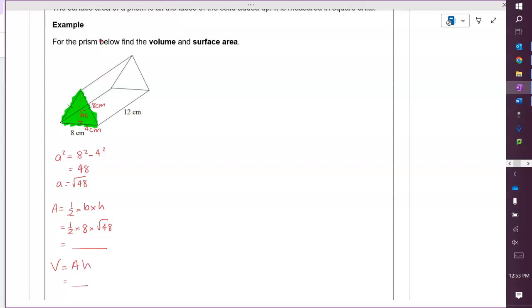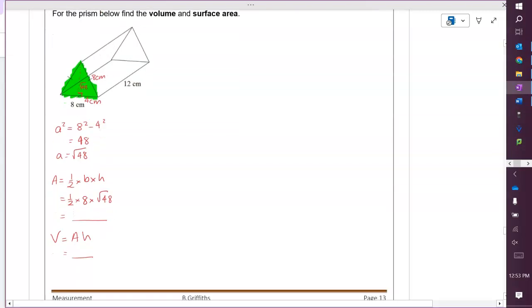So if I put in that measurement or leave it in, and you can do this in one go here, but it's kind of showing the steps of what we need to do. We times it by how far back this actually goes. So this is going back with a height of 12. So that tells me if I put all of that in, get my answer, multiply it by 12, I end up with 332.55. But if I want to round that to the nearest whole number, I'm going to get 333 centimeters cubed.